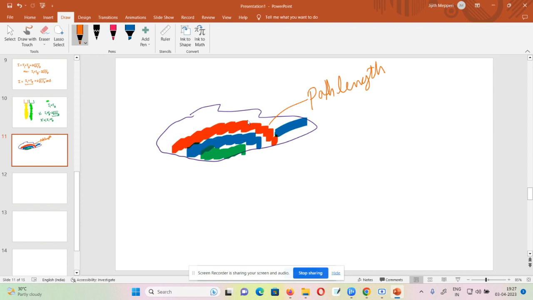So each interference fringe corresponds to a particular optical path. That can be each fringe or each particular color.